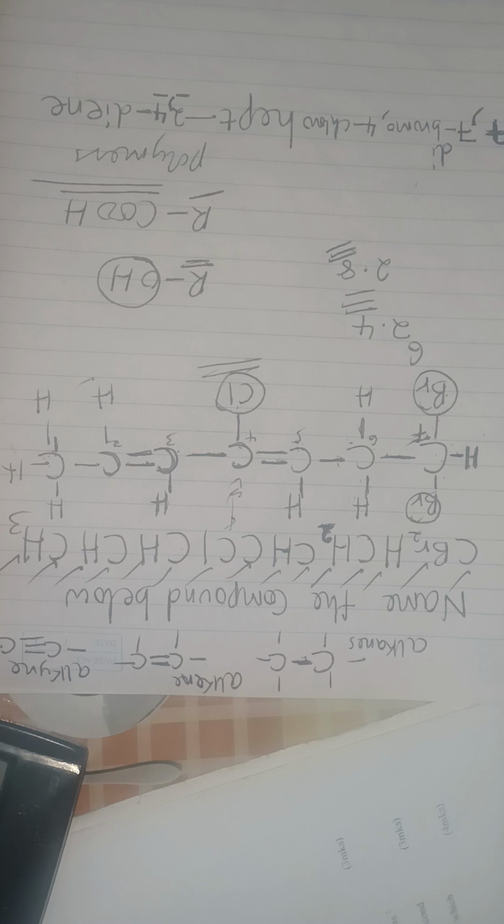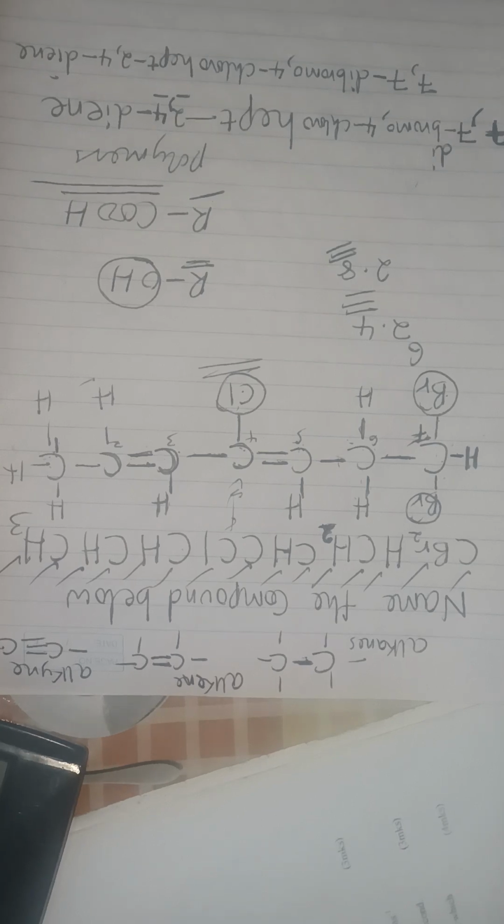Very good. So the naming becomes 7,7. Why? The first bromine atom is on the 7th carbon, the other bromine atom on the same 7th carbon atom. So 7,7 dash, and because there are two, you say dibromo. If it had been one, you would have just said 7-bromo. But 7,7-dibromo, comma. And where do you begin?